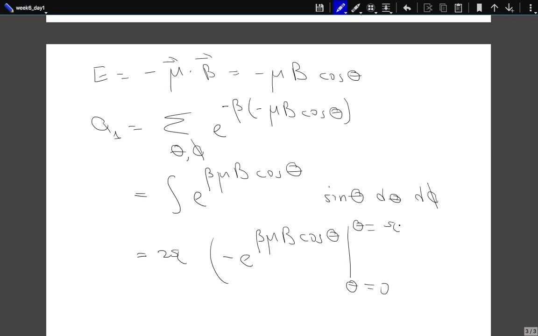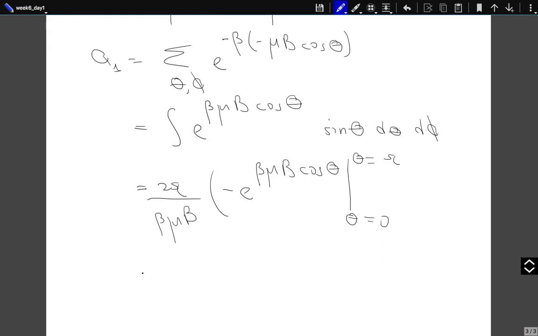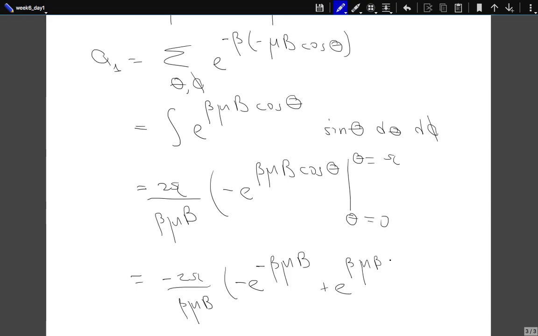So if you take the derivative of that function over there, we recover the integrand. Oh, sorry, divided by beta mu b. So this is equal to minus 2 pi over beta mu b times minus e to the power minus beta mu b (cosine pi is minus 1) plus e to the power beta mu b.